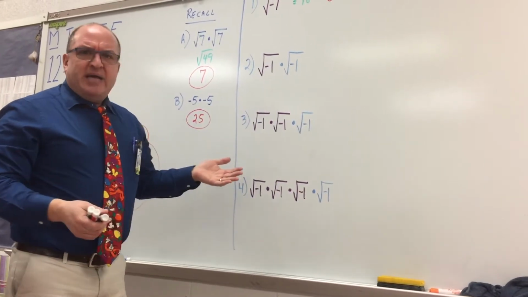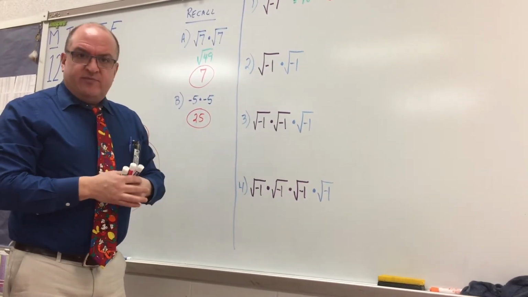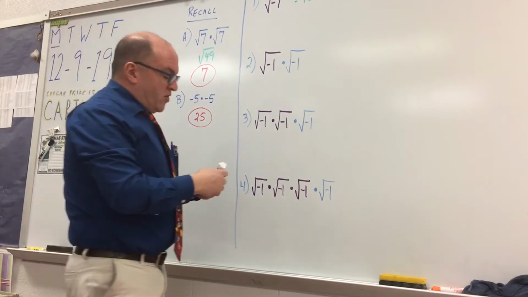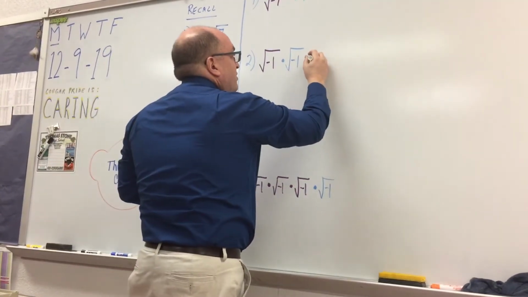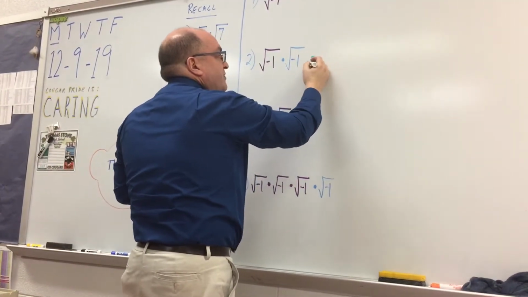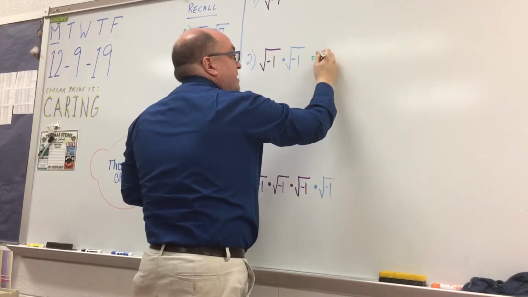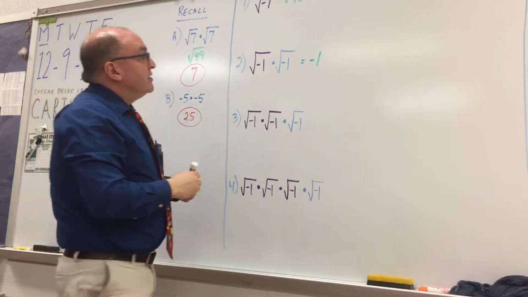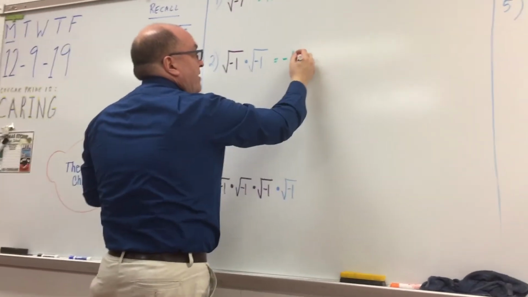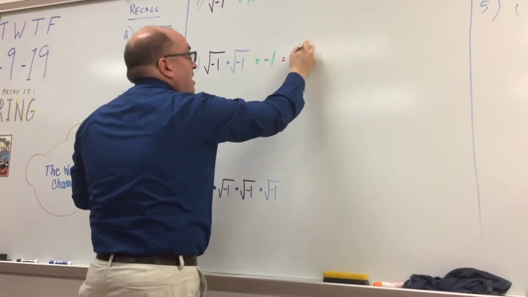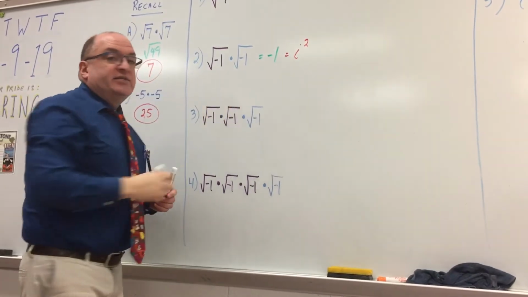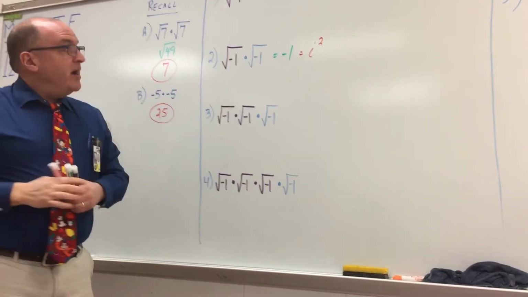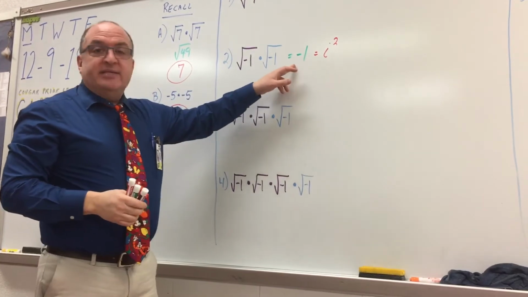You would think it would be positive 1. I know, but for some reason it's negative 1. So the square root of negative 1 times negative 1 is negative 1, which is i squared. This is i, so i times i is i squared, and i squared is negative 1.